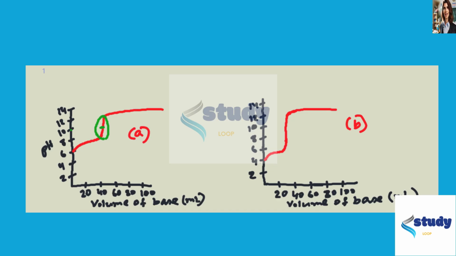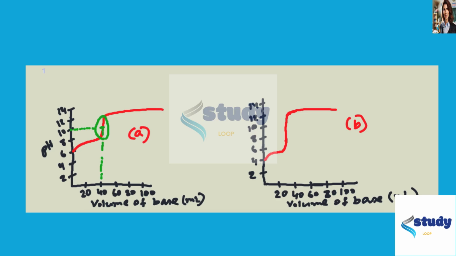And if we just draw a straight line from the pH axis to the equivalence point, we'll see that this is occurring at a pH of 10. And if we draw a straight line on the volume axis, we'll see that the equivalence point is occurring around 40 ml base. That means after adding 40 ml of base, the acid will reach the equivalence point.